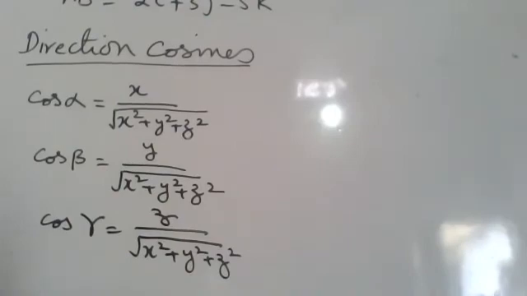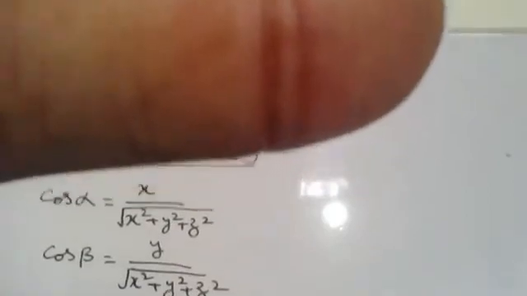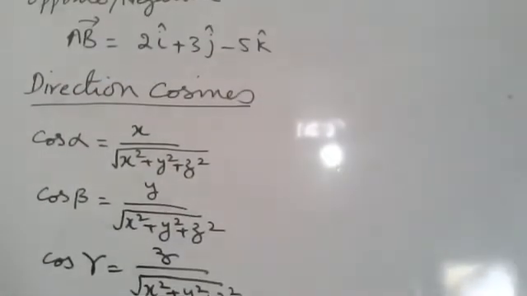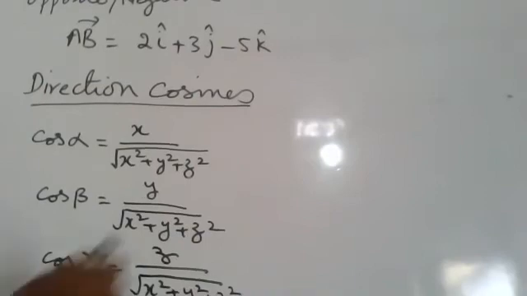So this is the way how to find the direction cosines. If we are taking the vector AB and we are asked to find the direction cosines of the vector AB, how do we find cos alpha?